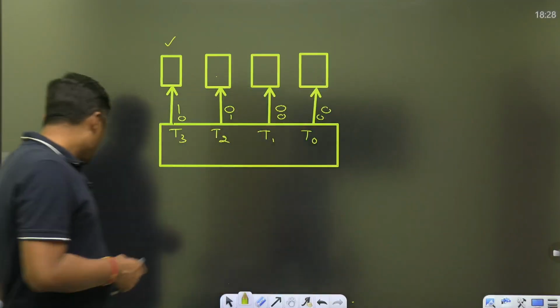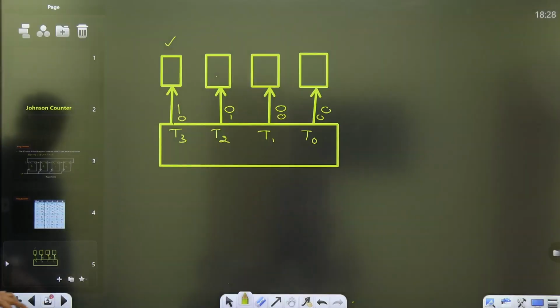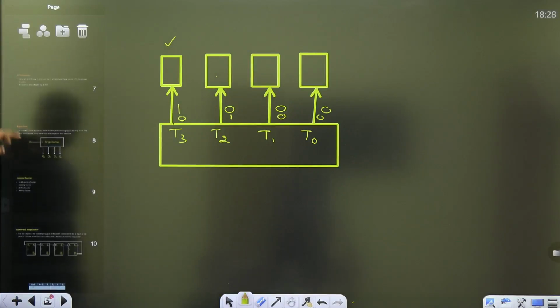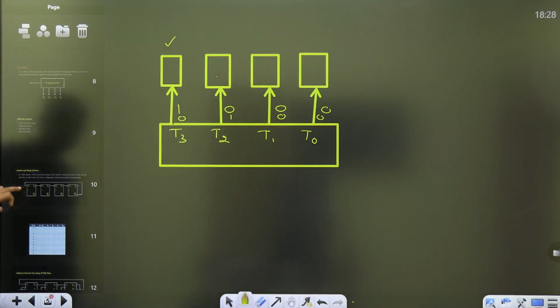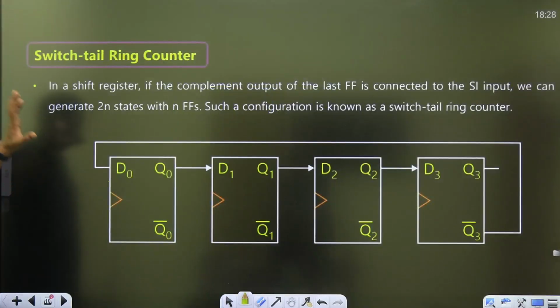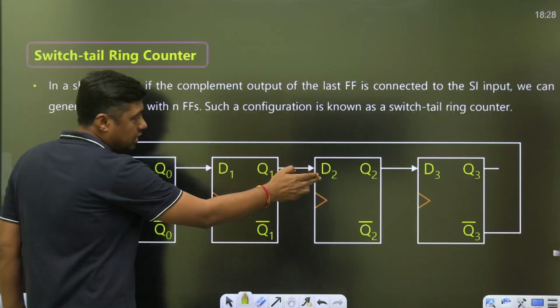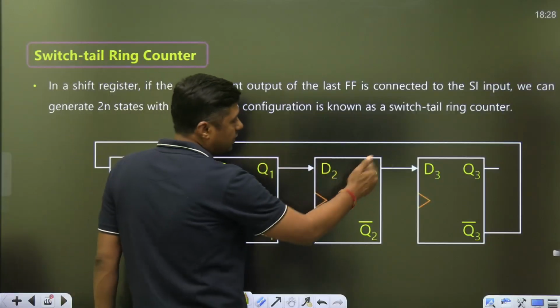Now, about the Johnson counter. This is also known as a switch tail ring counter or Johnson counter. What is the difference here? This output will become the input for the next one, and that output will become the input for the next.